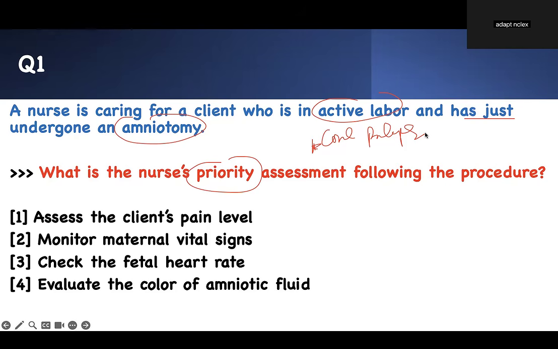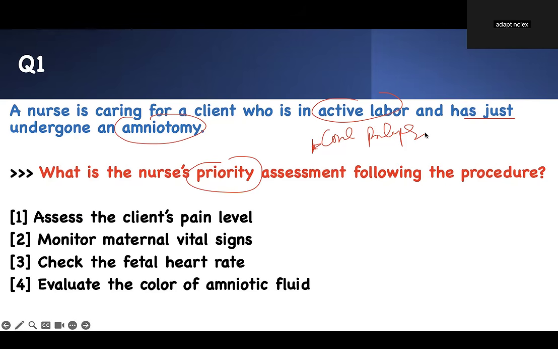Assessing the client's pain: they're not supposed to have too much pain, just small discomfort. Of course, we're going to monitor their vitals, but that is not the most important. The one who is going to suffer is the baby. Of course, I have to look at the color of the amniotic fluid, to see if it looks green and there's meconium in it.